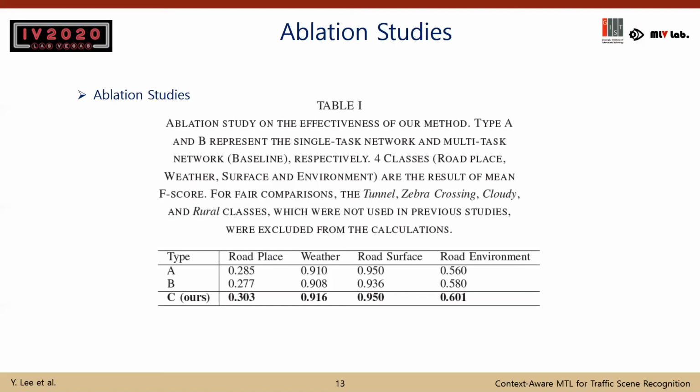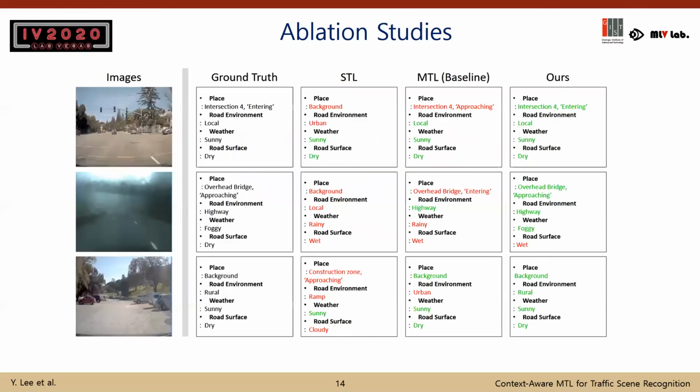From table 1, we can identify that simply expanding the MTL network does not improve recognition performance. Especially, the place category is difficult to recognize due to unbalanced dataset distribution.